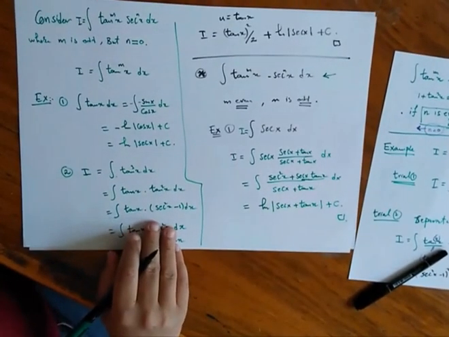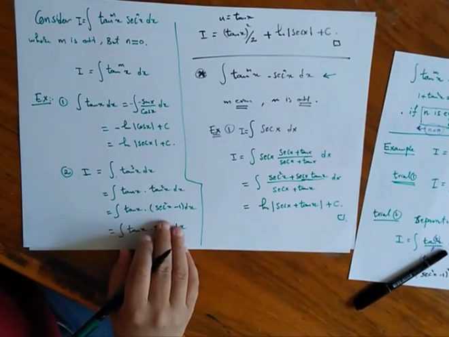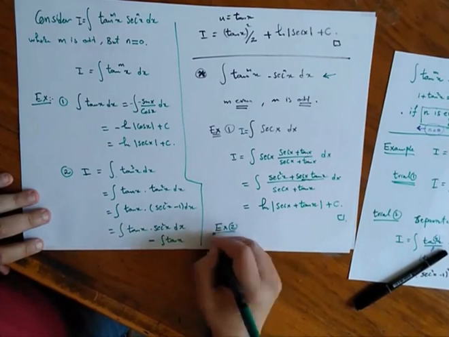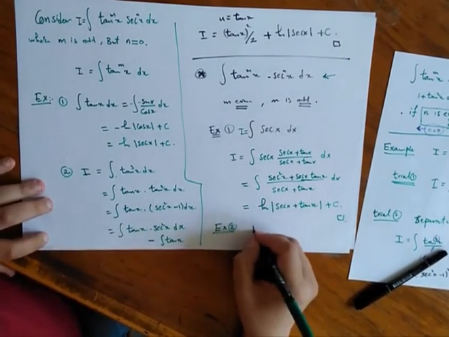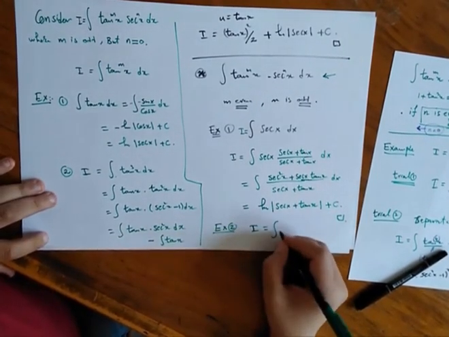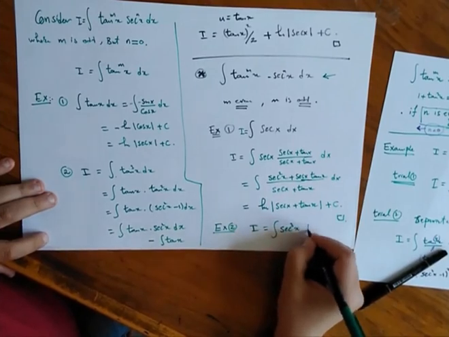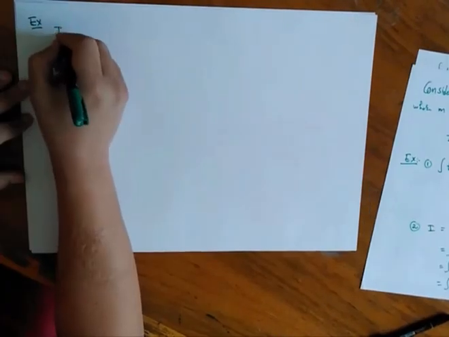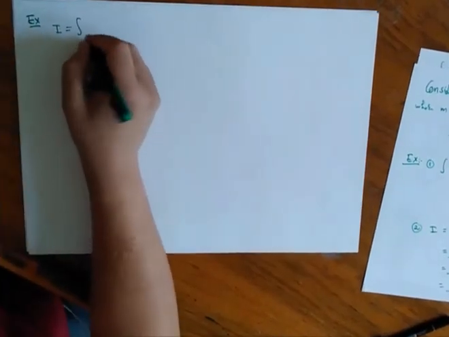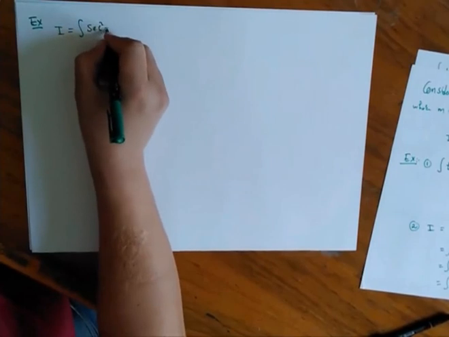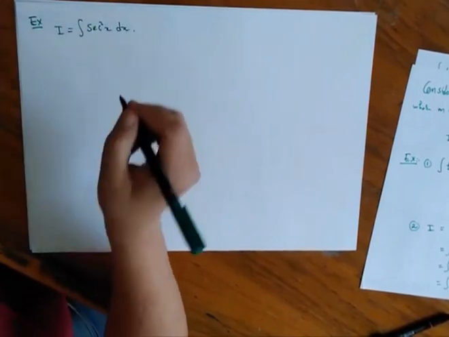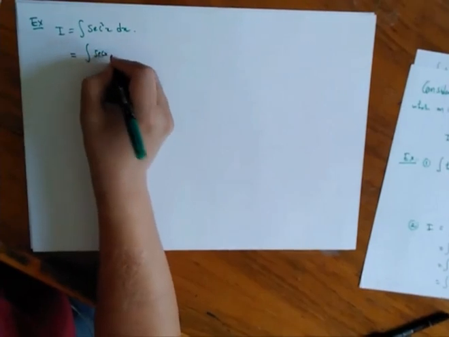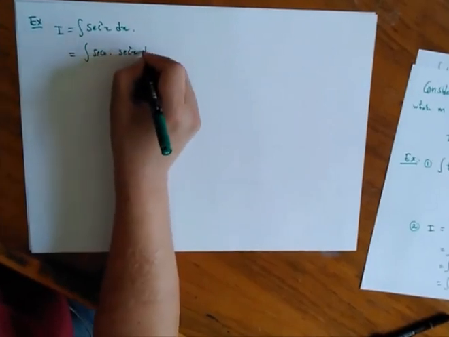Let's see another example regarding this case, which is somehow complicated: I equals the integration of secant cube x dx. We can rewrite it as sec x times sec square x.